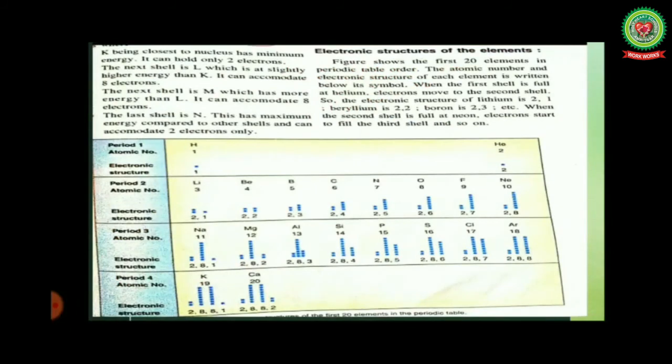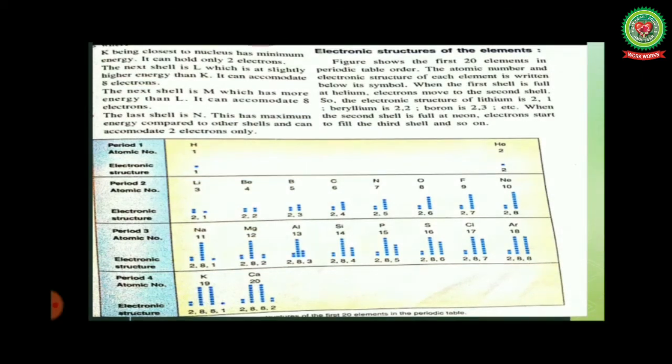Electronic structures of the elements. See the figure. The figure shows the first 20 elements in periodic table order. You can see hydrogen, helium, lithium, beryllium, boron, carbon, nitrogen, oxygen, fluorine, neon, sodium, magnesium, aluminium, silicon, phosphorus, sulfur, chlorine, argon, potassium and calcium.